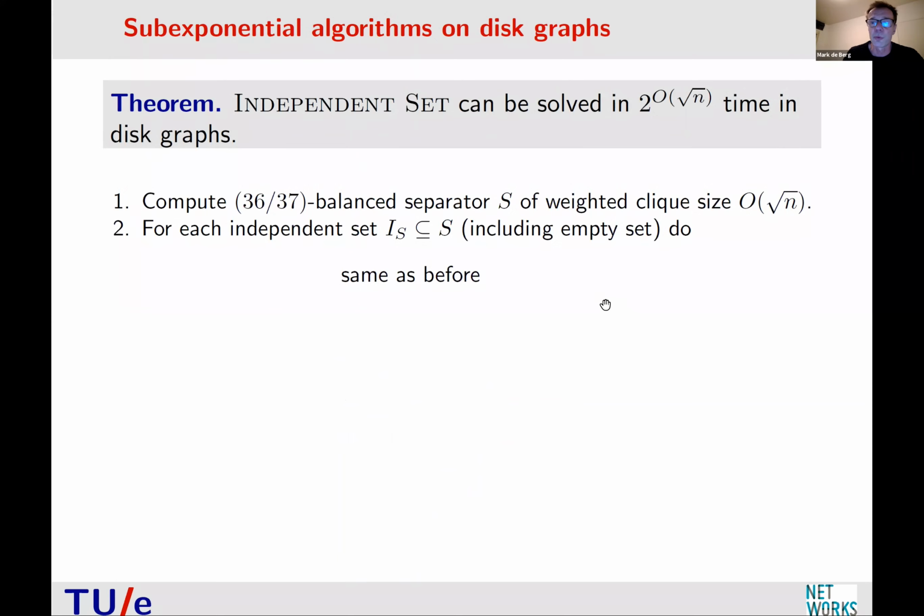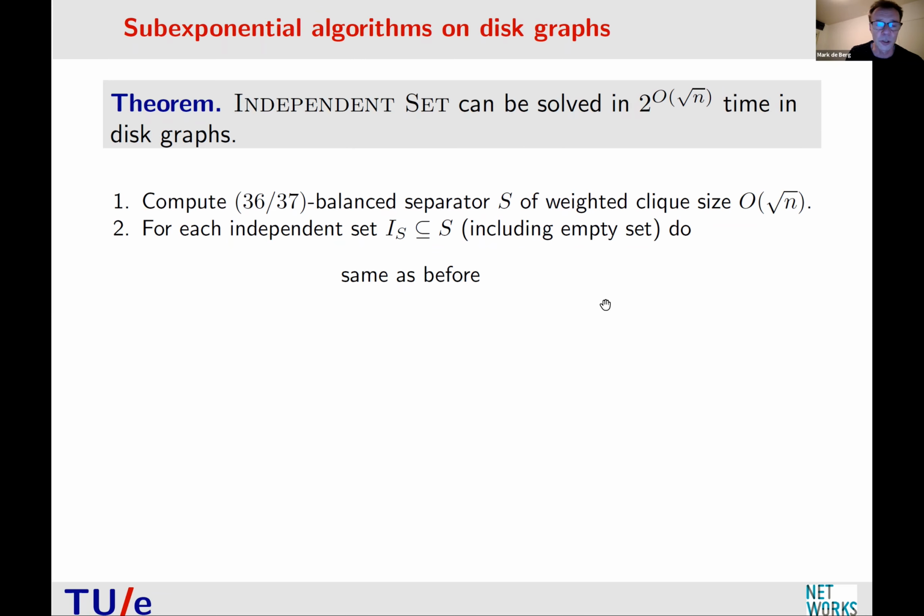I compute this separator, and then I try all possible ways in which my solution will interact with the separator. That means all possible independent sets in my separator, and then recurse on the left and on the right side. So it's the same as before.